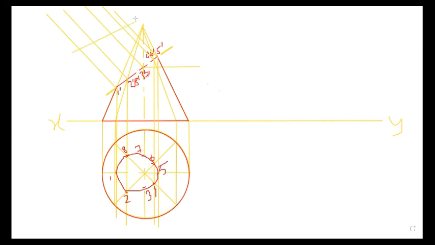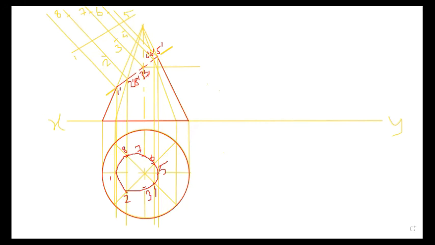First we draw a parallel line. From 1, then 2 and 8, so this is the maximum height, this is 8, this is 2, then 3, then 7, then 4 and 6, this is 4, this is 6, and 5 will be on this point.